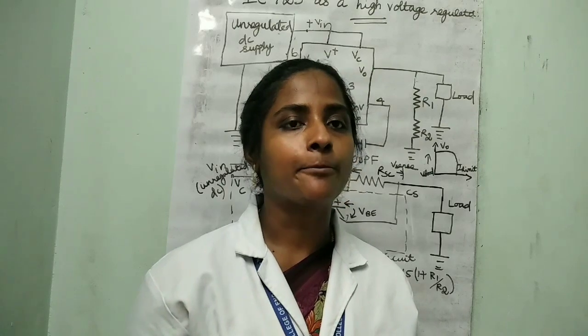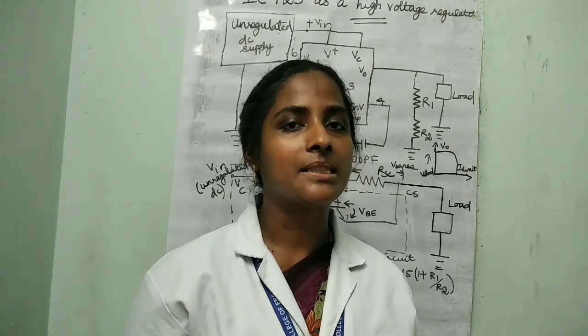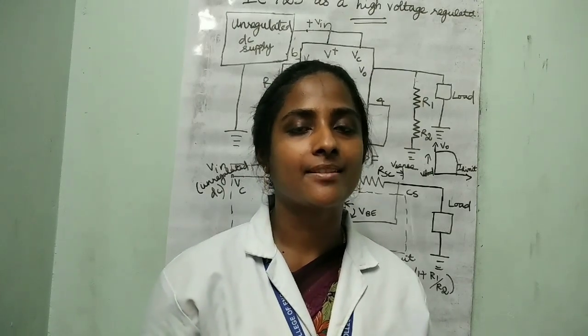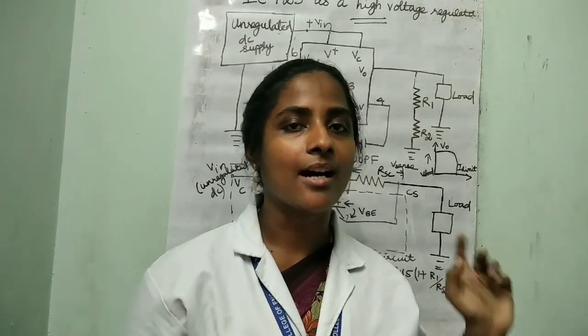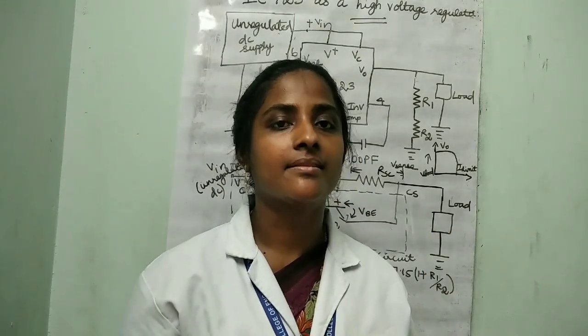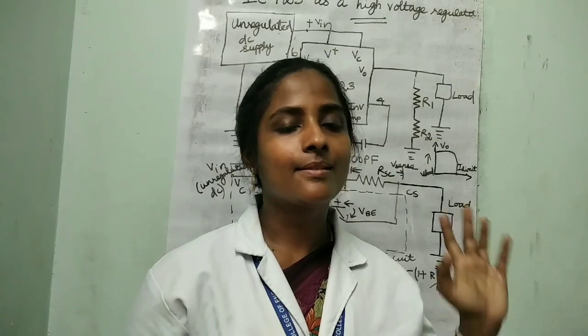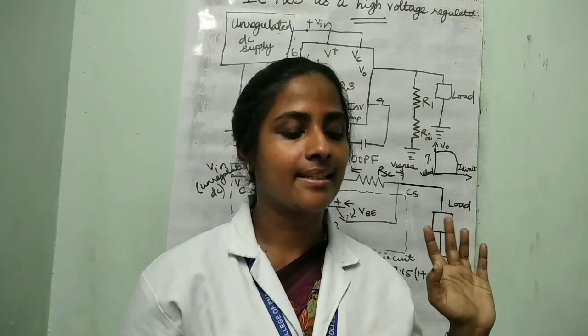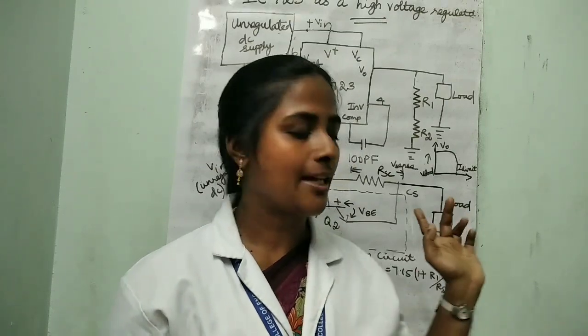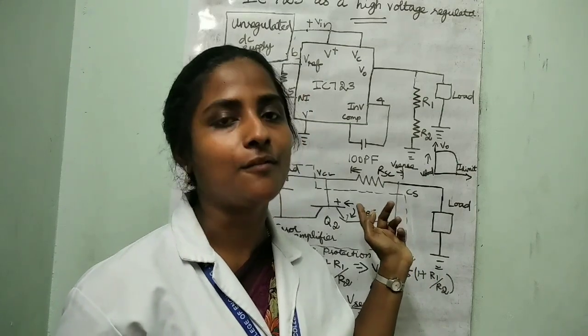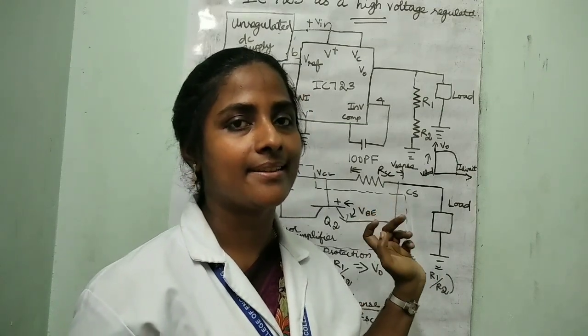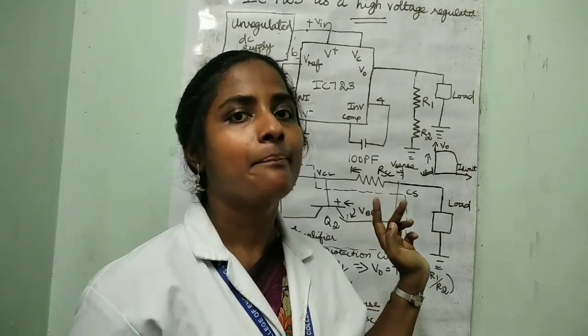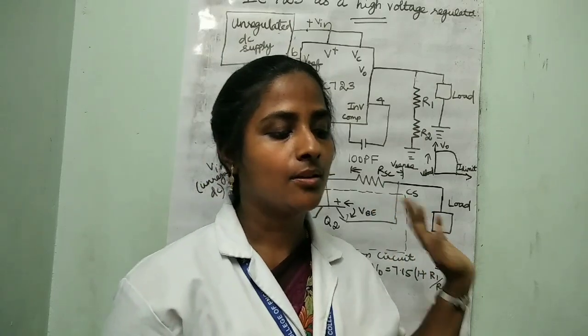The load current produces a small voltage drop across the resistance RSC. That voltage drop is called V sense. This V sense is applied directly to the base emitter of transistor Q2.